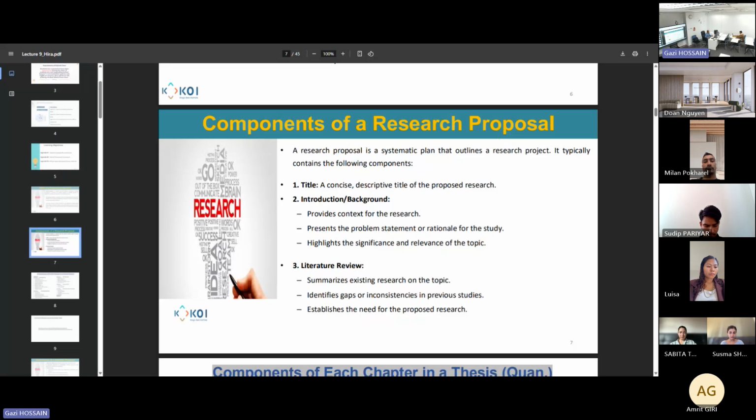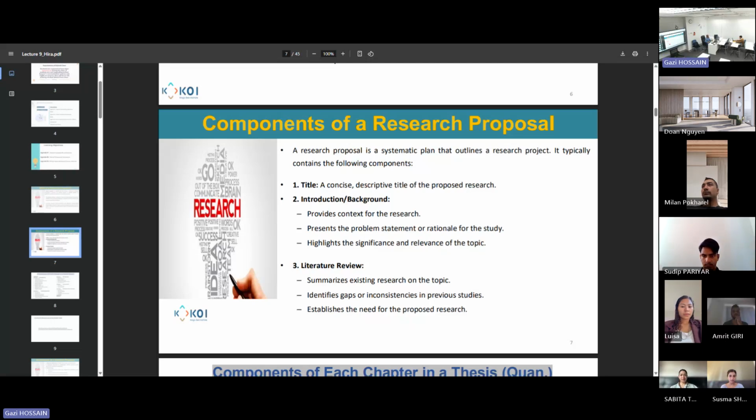Or, for example, money laundering, it is an issue. Or delaying the project, it is an issue or problem. Or poor employee performance, it is an issue or problem, so it must be in the title.